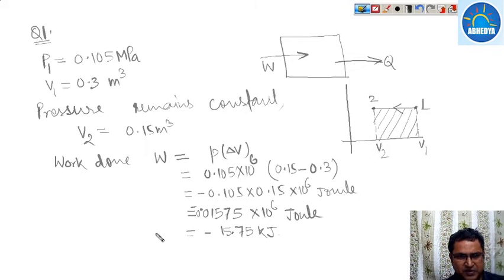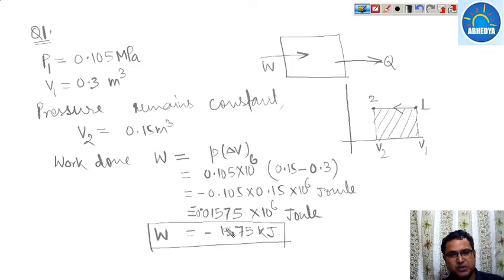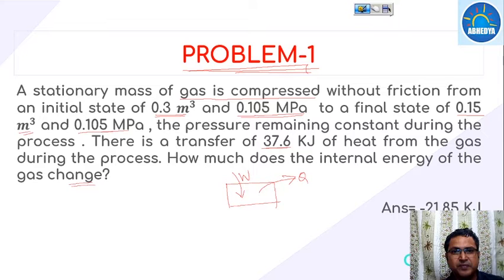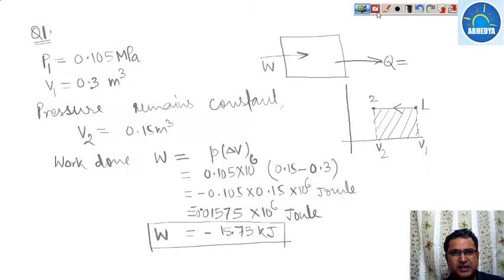The negative sign shows that this much amount of work has been done on the system. And how much heat has been transferred? 37.6 kilojoule. This much amount of heat has been transferred.